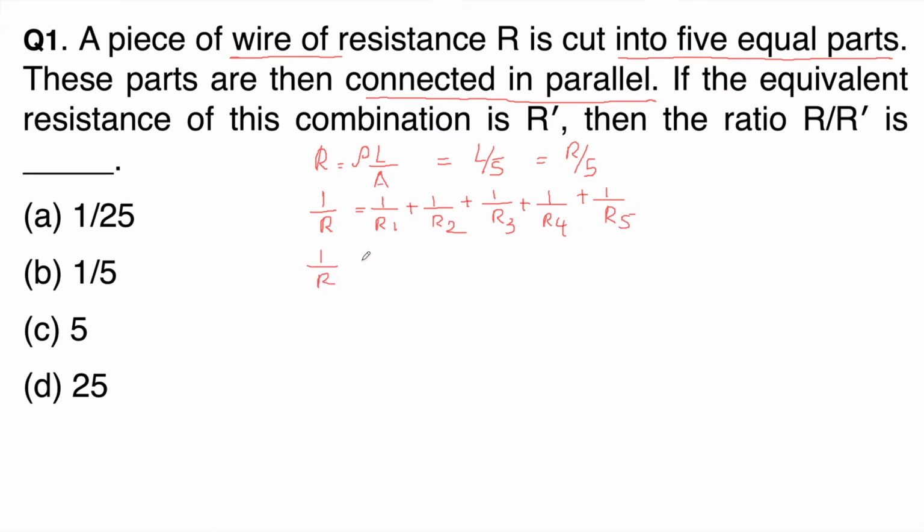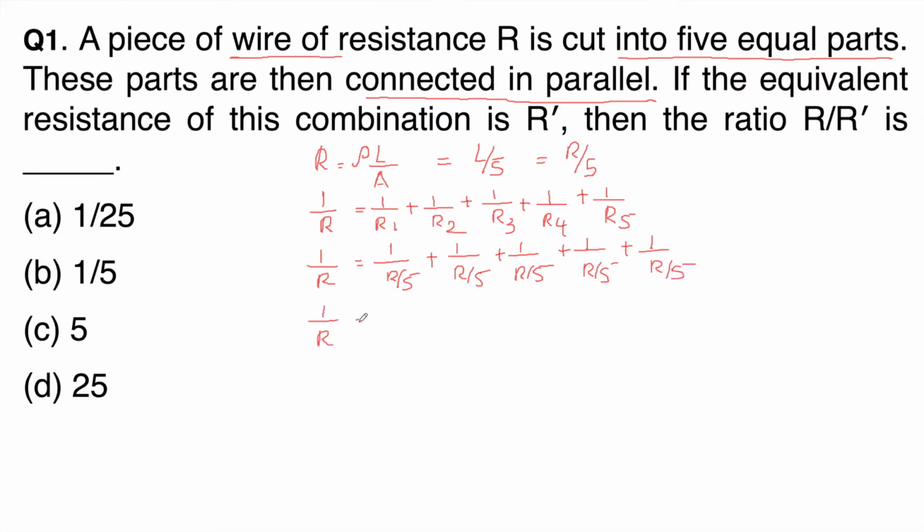Here the resistances are equal. So 1 by R dash is 1 by R by 5 plus 1 by R by 5 plus 1 by R by 5 plus 1 by R by 5 plus 1 by R by 5.